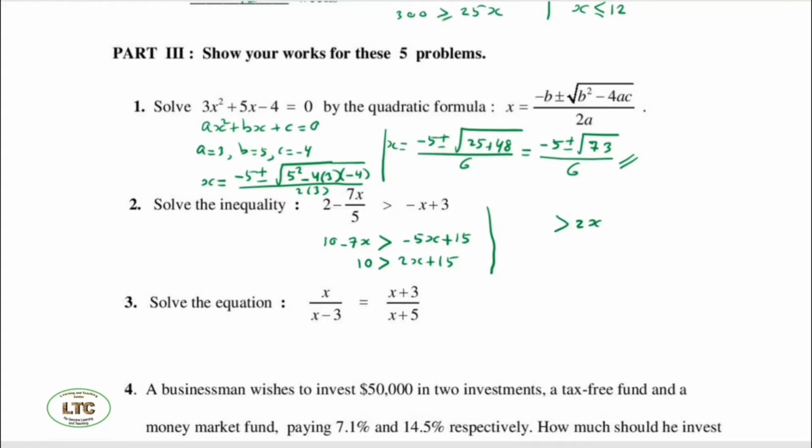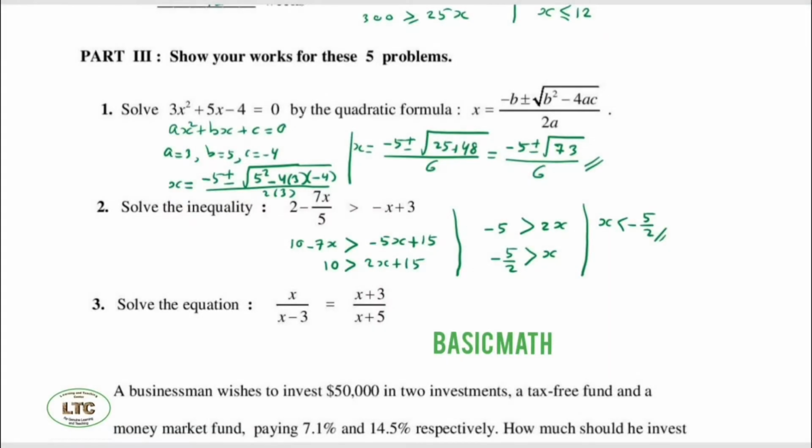If I subtract 15 from the left, I get negative 5. If I divide 2x by 2, I get x. If I divide negative 5 by 2, I get negative 5 over 2. So if you write smaller on the left, x is smaller than negative 5 over 2. All numbers less than negative 5 over 2 are the solution set.